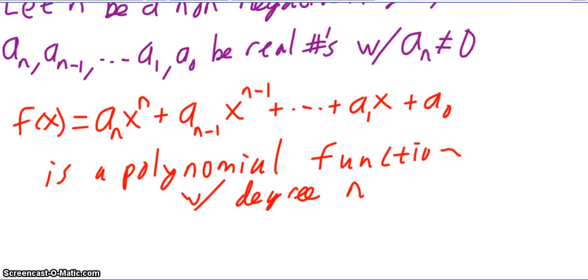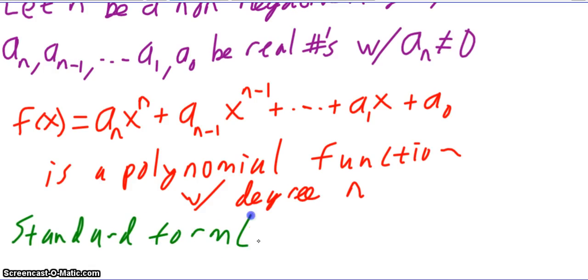The thing to note is, if we have a polynomial function in standard form, the degree is in descending order.